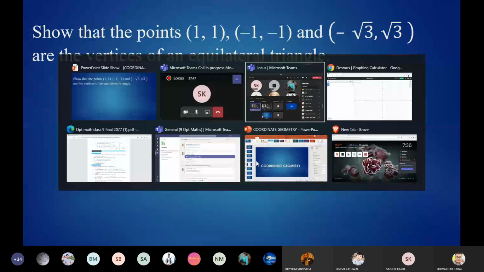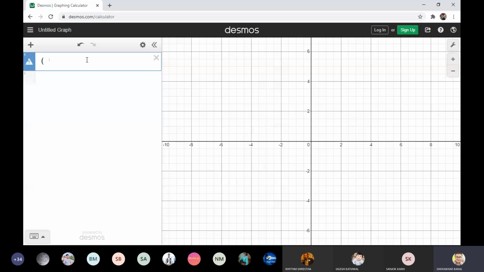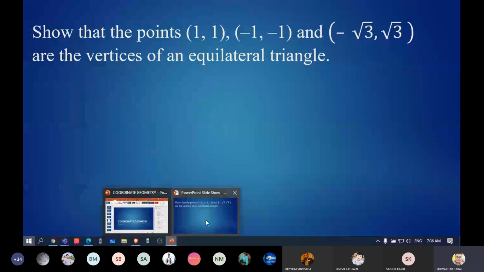So let me check whether these points are of an equilateral triangle or not at first. The points were, just a minute, 1, 1.